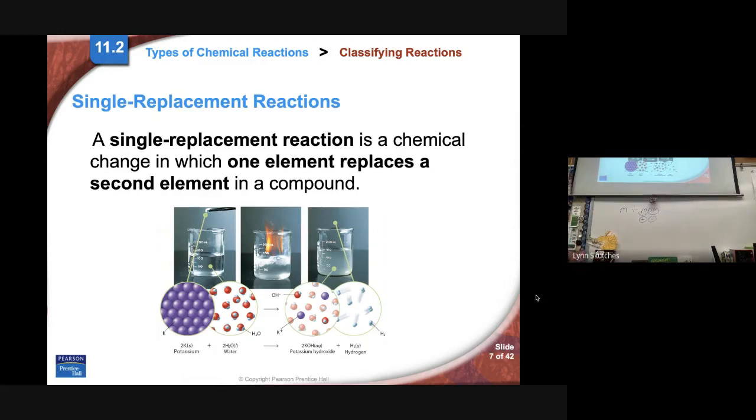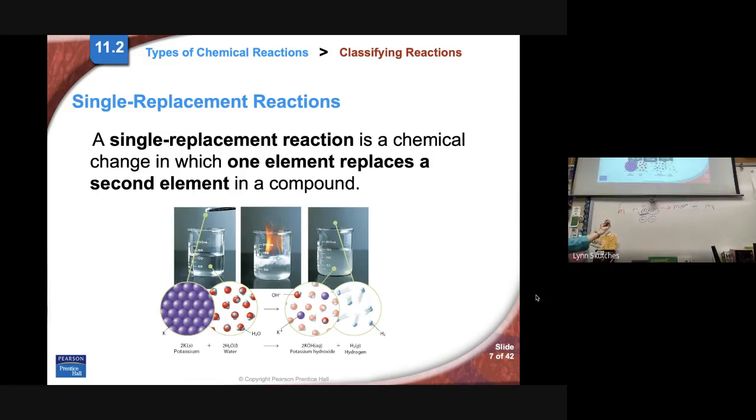So here's the deal. Sometimes, I'll make it a different color. Sometimes this elemental metal can knock the other metal off the compound and form a new compound and leave the first metal out in the cold, right?